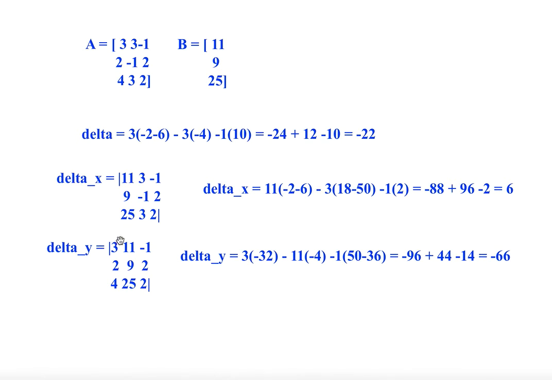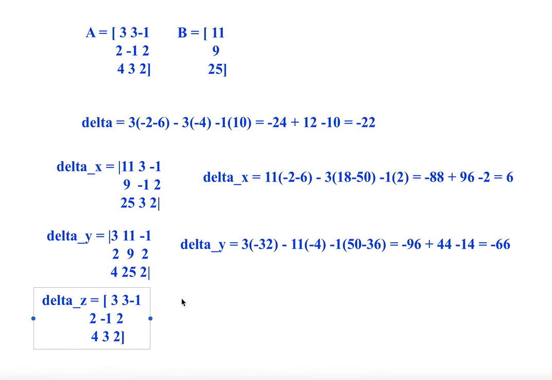Now you have to write what? Delta z, right? Now I am going to write delta z. Delta z. Okay. Right. Third element is only going to change, right? Yes, third element only is going to change. So this is going to be 11. Okay. This one is going to be 9.